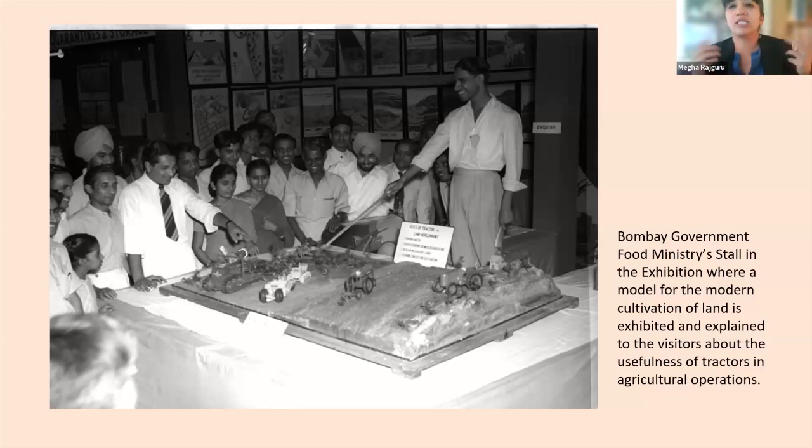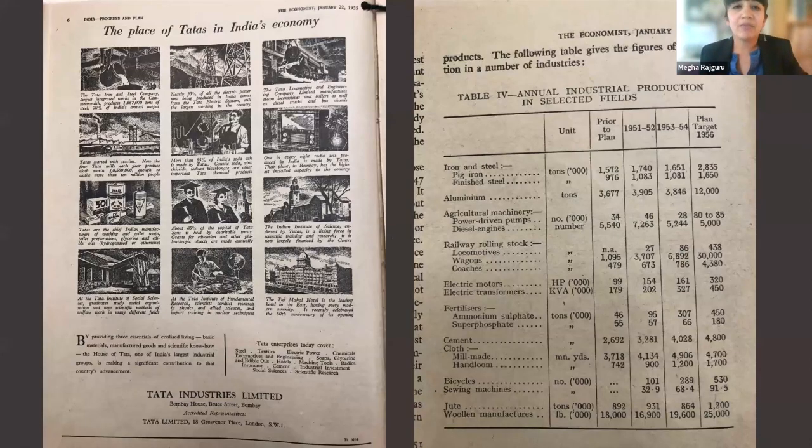Now, the reason why all this context is really important is that at the same time, India is positing itself through reports where it is actively showing that there is a great advancement of technology, and companies such as the Tata Industries Limited is presented not just in the text, so for example in essays, so this is the Economist newspaper, but also through advertising, that India has much to offer, and that if economically developed, it would be, from the British perspective, that if India was supported, then it would become a very important market for Great Britain and a consumer of British goods.